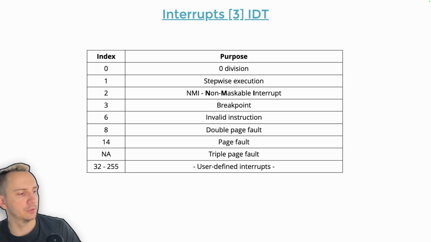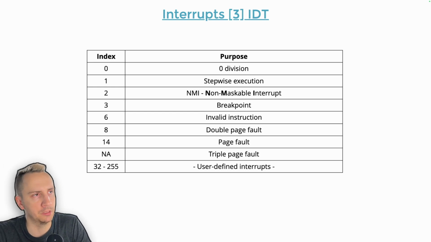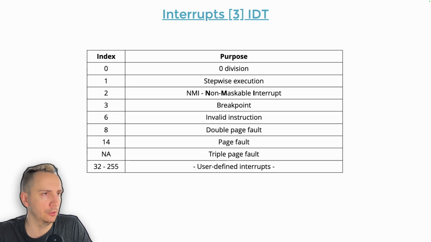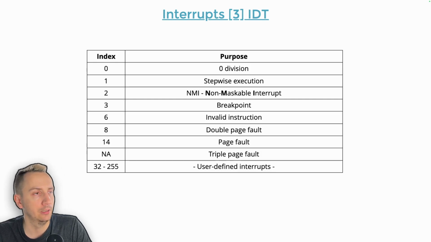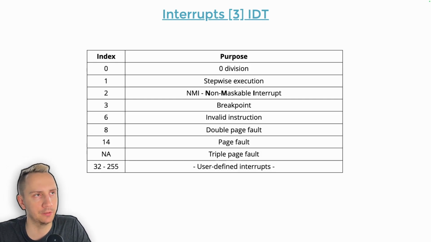Some numbers of those interrupts you can find, and they obviously will depend on the specific hardware, and the ones defined by the kernel will depend obviously on the kernel itself, but we can be sure that most, if not all, hardware and software will have the following interrupts, like division by 0, or breakpoint, or invalid instruction, page fault, and so on. Right? And again, regarding Linux, there is number 128, which is used for system calls, and probably many others.